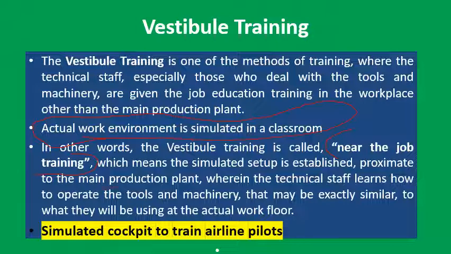For example, if you have a production plant, a setup very similar to the production plant can be simulated and training is undertaken. A simulated cockpit to train airline pilots can be considered an example.